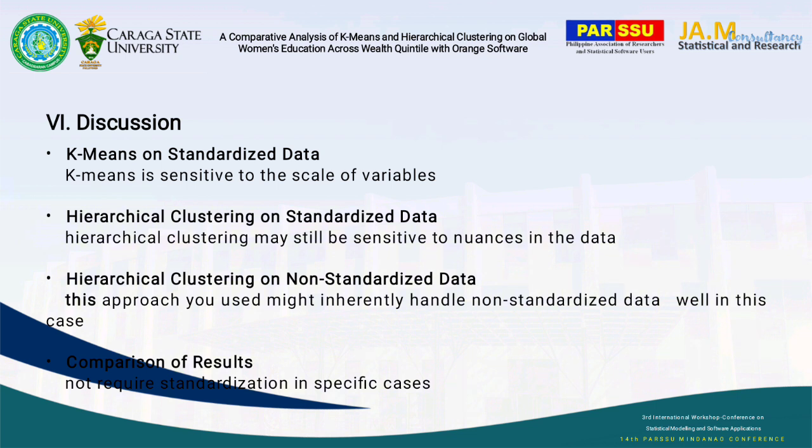Comparing the two results, the alignment between k-means on standardized data and hierarchical clustering on non-standardized data implies that the latter might not require standardization in specific cases, especially when dominant variables naturally reflect meaningful distances. However, this could also indicate a potential imbalance in the data that hierarchical clustering is picking up without standardization.